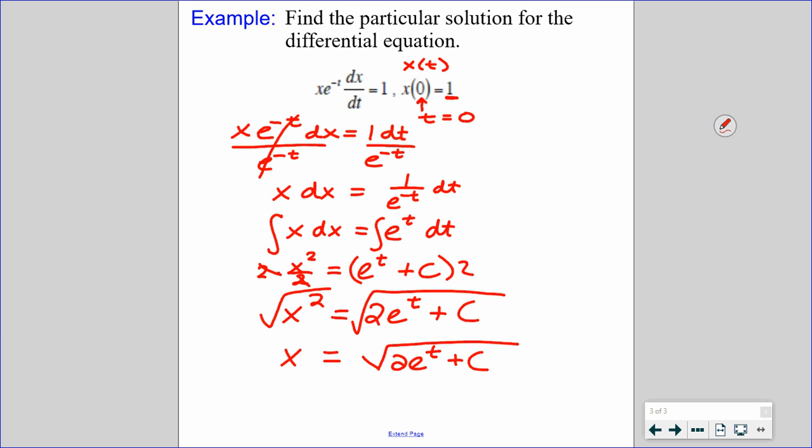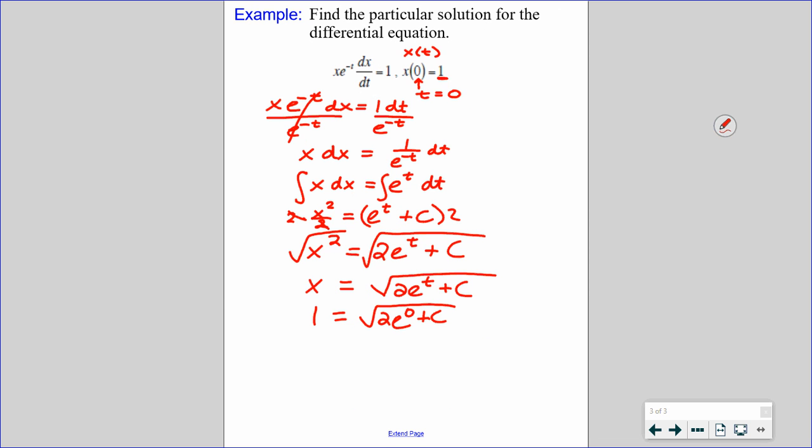Now to solve for c, we're going to plug in 0 for t and 1 for x. So 1 equals the square root of 2 times e to the 0 plus c. Remember, e to the 0 just equals 1, and 2 times 1 is 2. To get rid of the square root, we'll square both sides. 1 squared is 1.